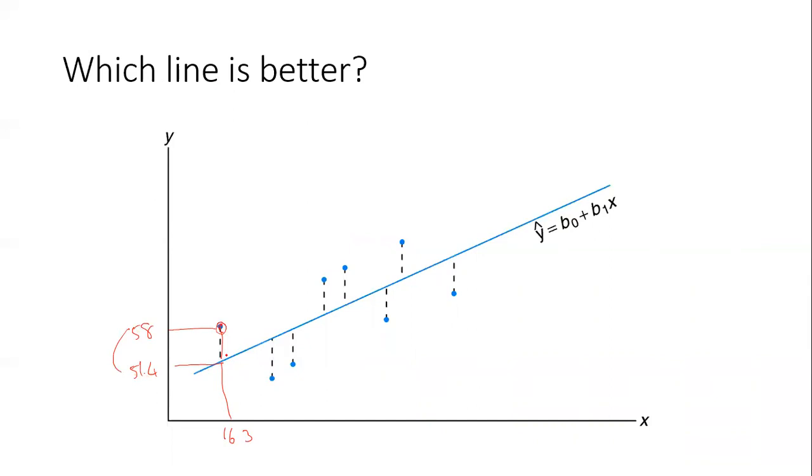The distance is 6.6 in our example, which is e1. This is e2, this is e3, this is e4, this is e5, and it just goes like this.